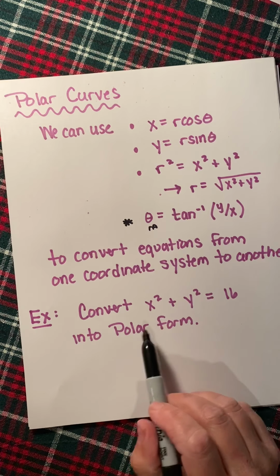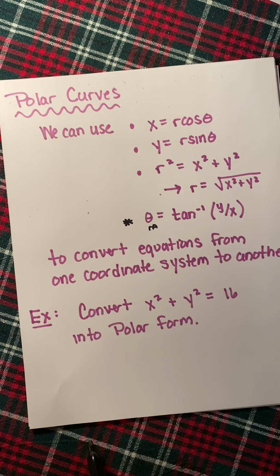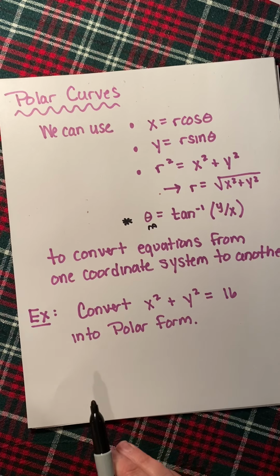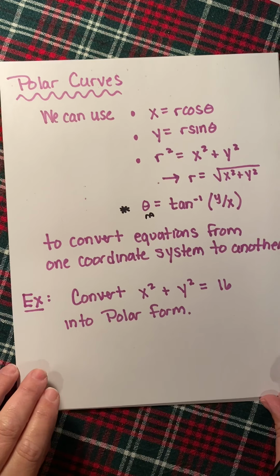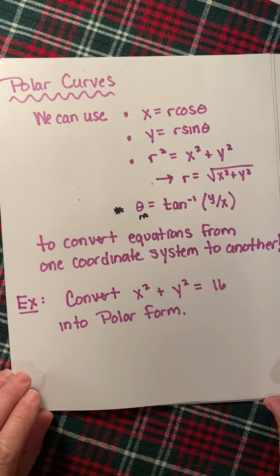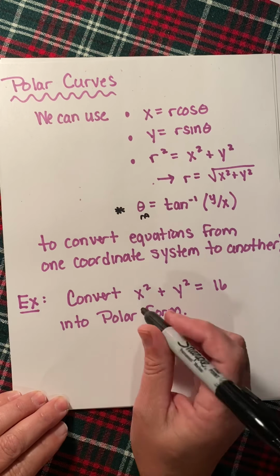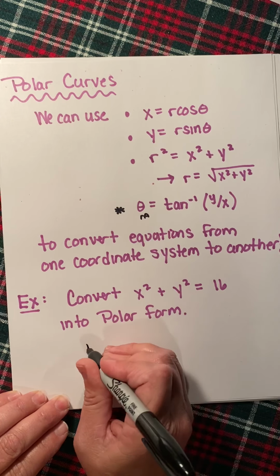So let's look at x squared plus y squared equals 16. Let's put this into polar form. Now, if you notice, this is just a circle of radius 4 centered at the origin, if you're familiar with that template. So how would this look in polar form? Well, x is equal to r cosine theta. So I'm going to replace x with r cosine theta.